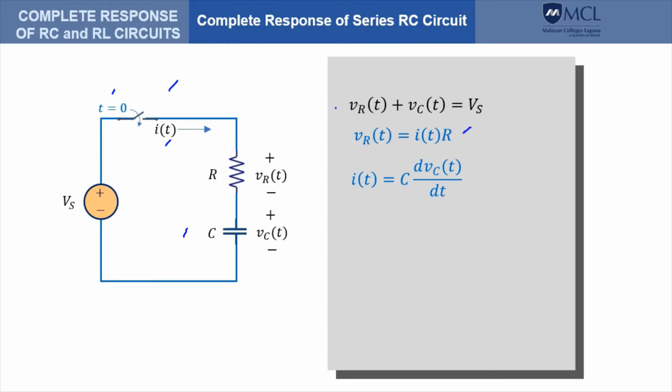And we already know the relationship of the current through a capacitor and its voltage as being this equation. We now replace the voltage across the resistance in terms of this. So what we get is this one. Okay, so it's a differential equation in the variable v sub c.